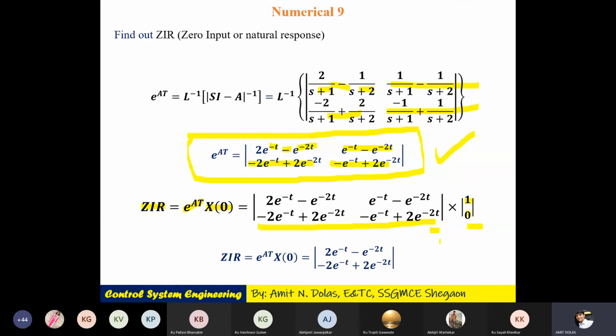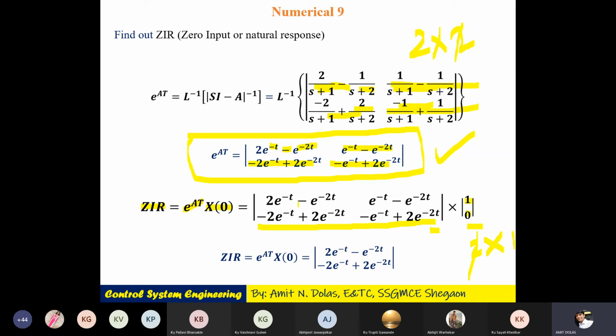2 get cancelled. So I'm sorry, it is 2 by 1 and again it is 1 by 2. I'm sorry, getting confused. There are 4 elements 1, 2, 3 and 4. So it is 2 by 2. So this matrix is 2 by 2 and this matrix is 2 by 1. So this 2 get cancelled. So final matrix will be 2 by 1.